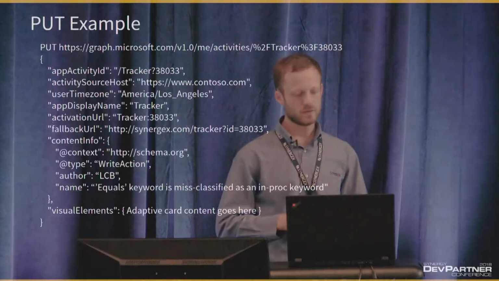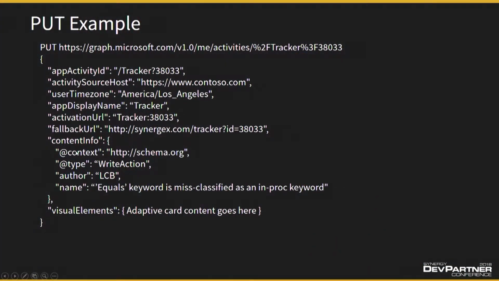And that actually adds the item into my activity feed. So you can see the schema type that I've actually chosen is a write action, and I gave it an author and a name, and then the visual elements is where you define how this thing is actually going to look, and if you weren't using Timeline, how you would be able to interact with it. Timeline is not an interactive adaptive card, it's a purely displayed adaptive card.